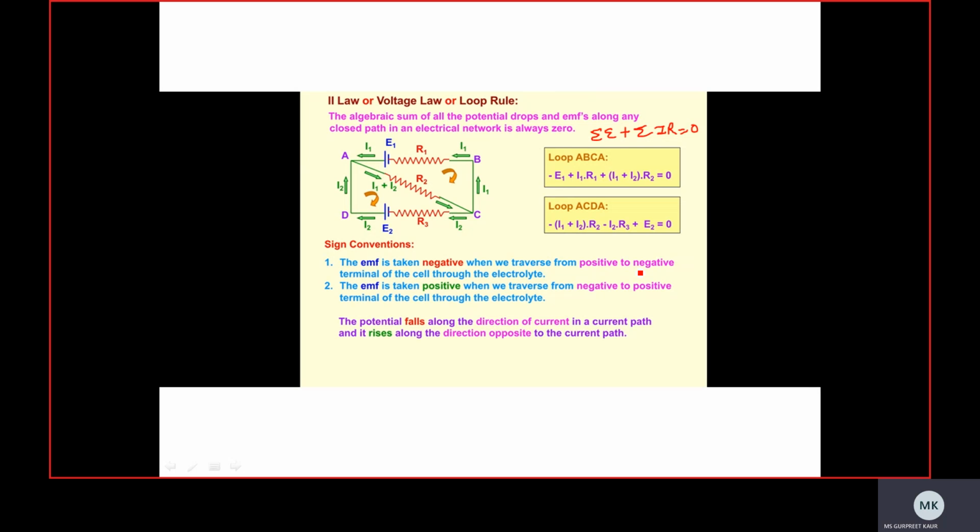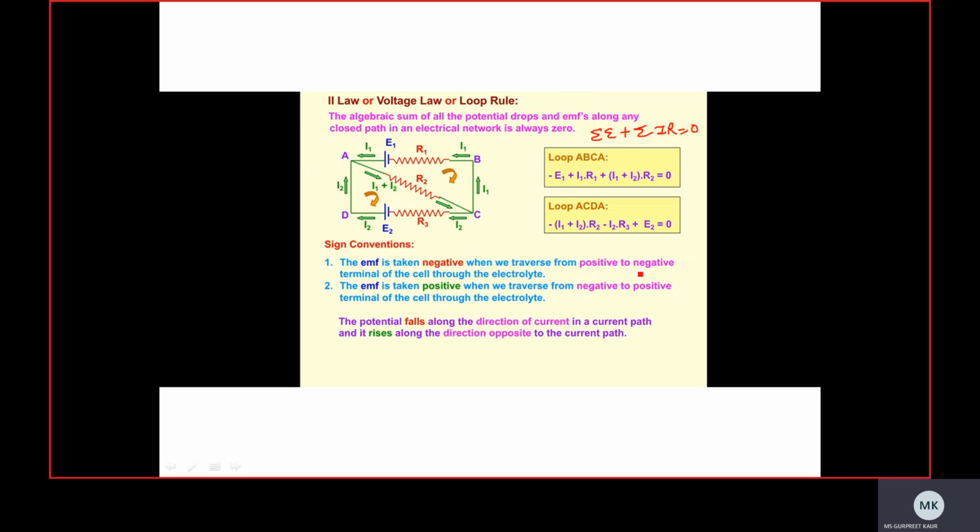If you encounter a cell and you are moving from the negative to the positive terminal of the cell through the electrolyte, then the EMF of the cell will be taken as positive.